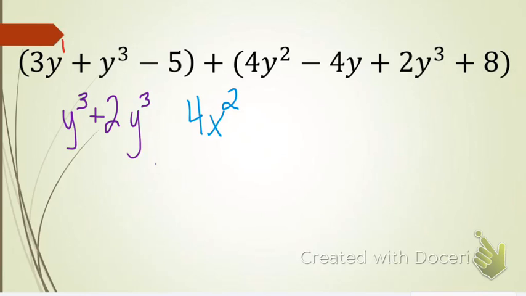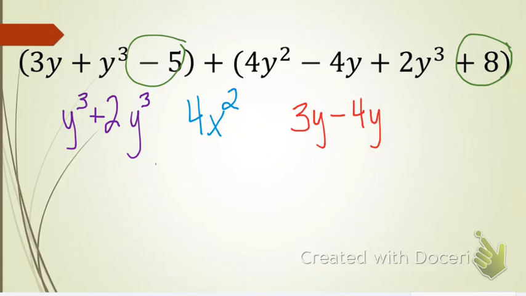So I have a term with a power of 1. And if I go through the list, I'll find another term with a power of 1. So those two I will be combining together. And finally, I look for my constants. I have a constant here of -5, and I have another constant here of a +8. So those two will be combined together.